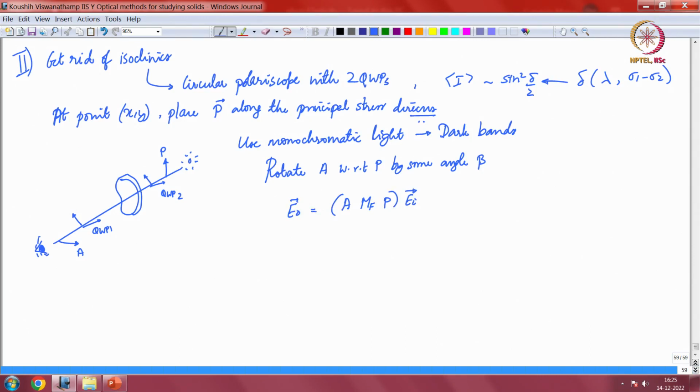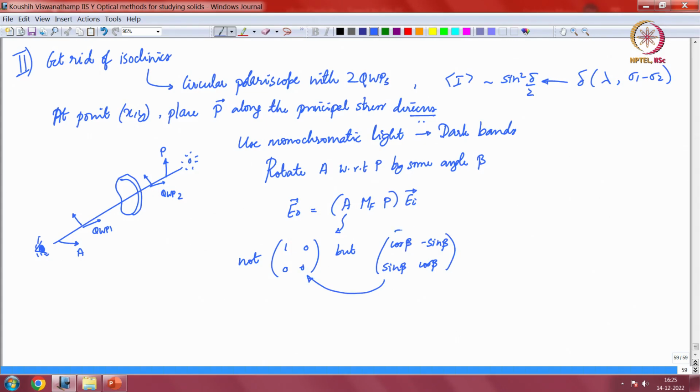The only difference now is that A is not 1 0 0 0, but it is at some angle, so it is going to pick up angle beta, so it is going to pick up some components along beta, and this is then applied to this. So you have now a rotated version of the A.